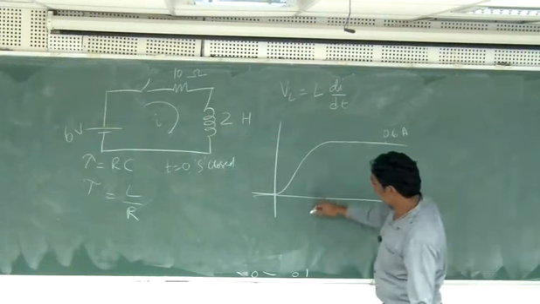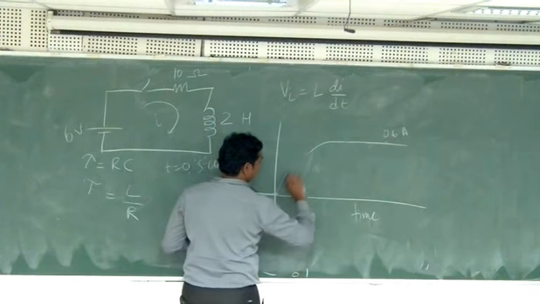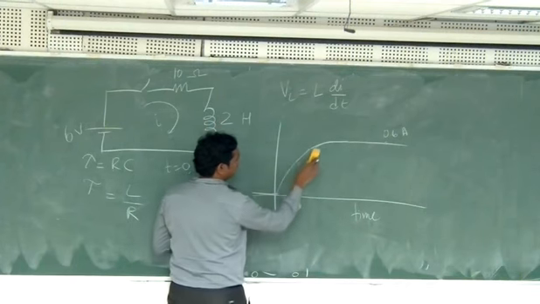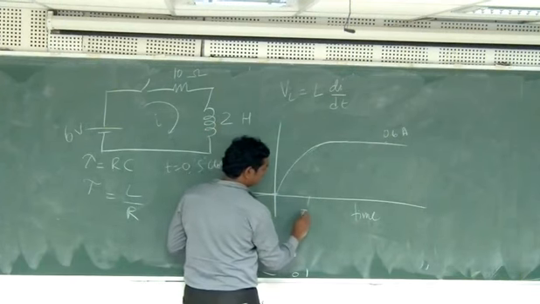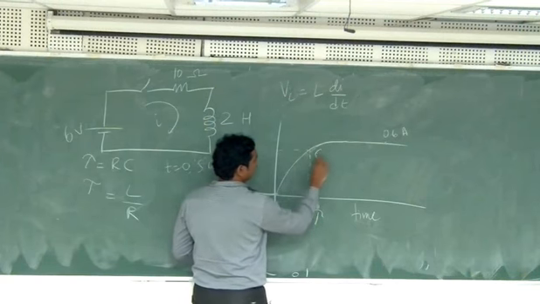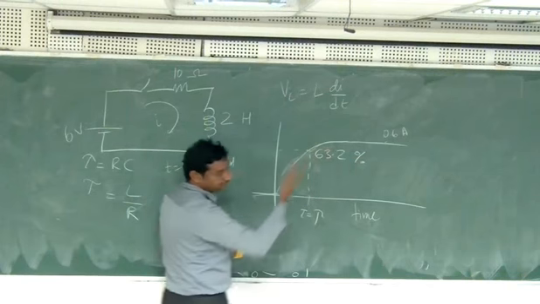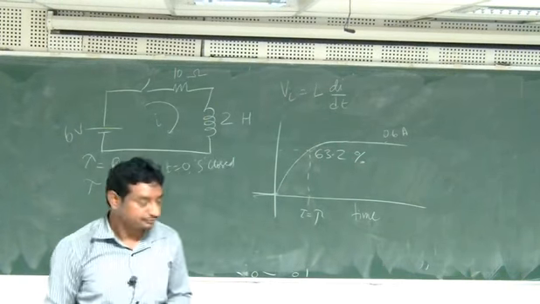Sorry, the shape should be like this. So by your tau, this will be 63.2% of 0.6.